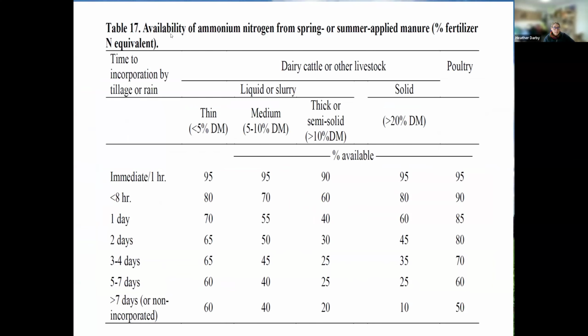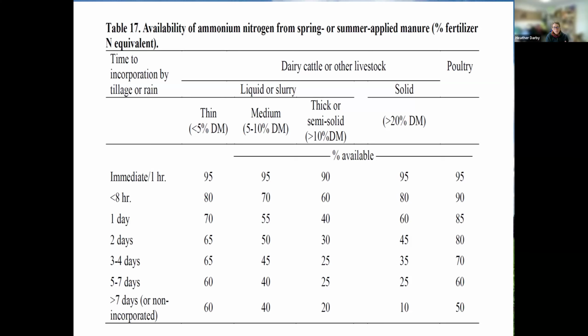You have the availability of ammonium nitrogen from spring or summer applied manure. So this is important. This is not in the fall when there's nothing growing. This is you're going to apply the manure heading into the growing season. Again, this shows you the same thing that was on that chart. If you incorporate the manure immediately or you're injecting it, you'll get most of that urea N that's in the manure.